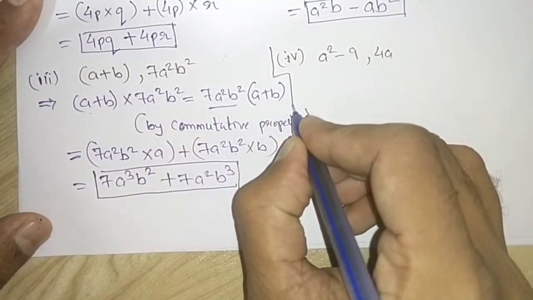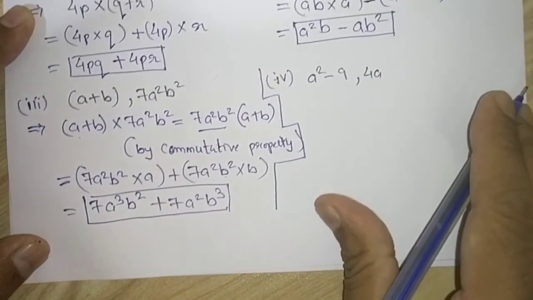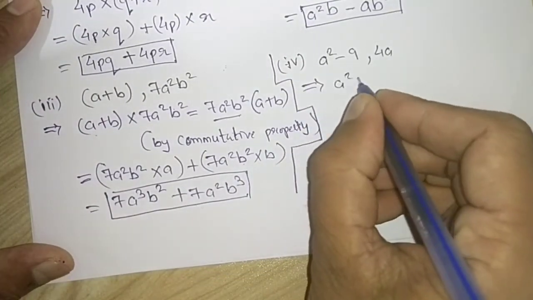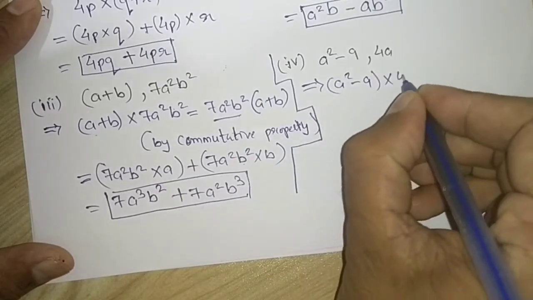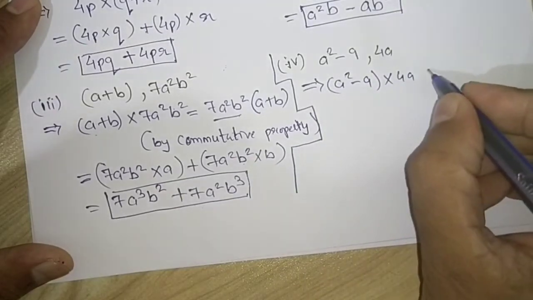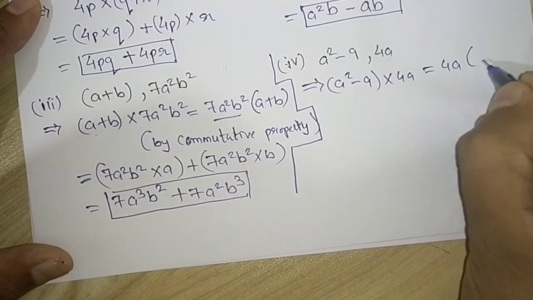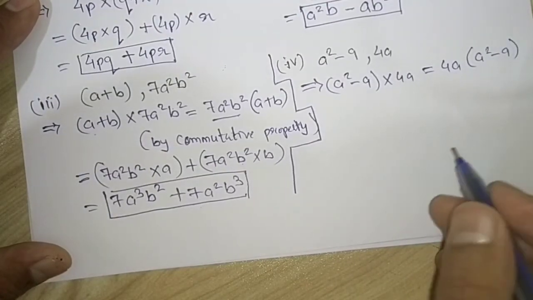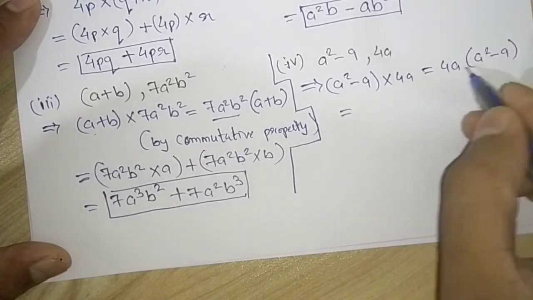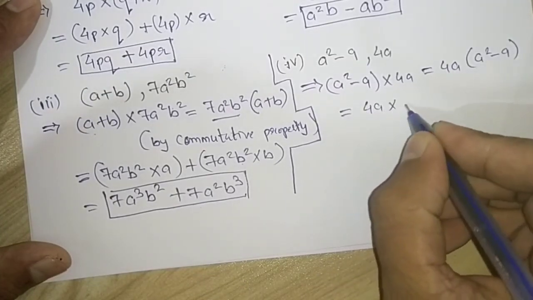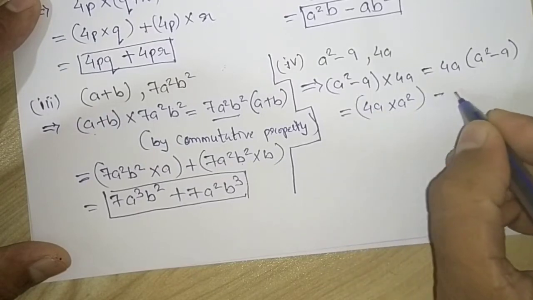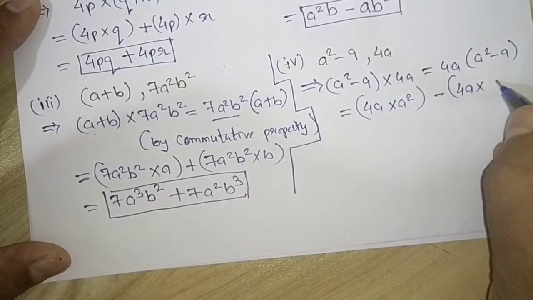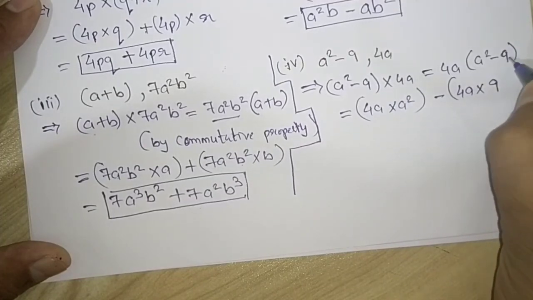Moving to the fourth part. Here also the same procedure. a square minus 9 into 4a they have given, which we can write down as 4a into a square minus 9 by the commutative law. 4a multiplied by a square minus 4a multiplied by 9.